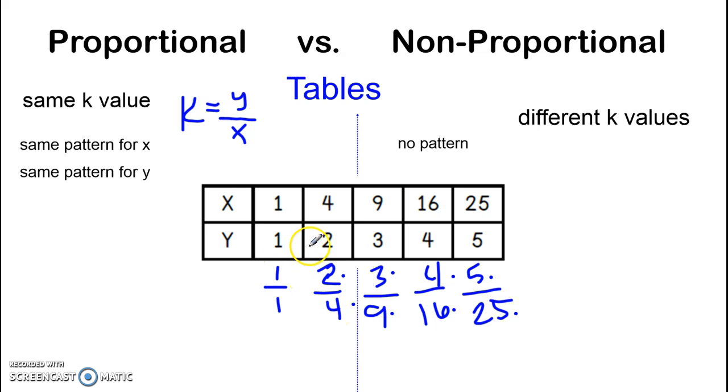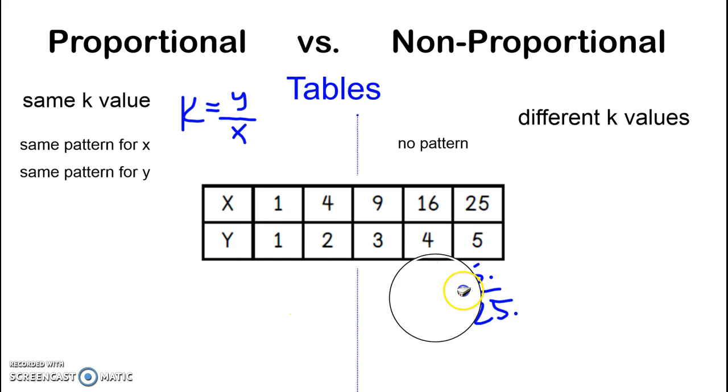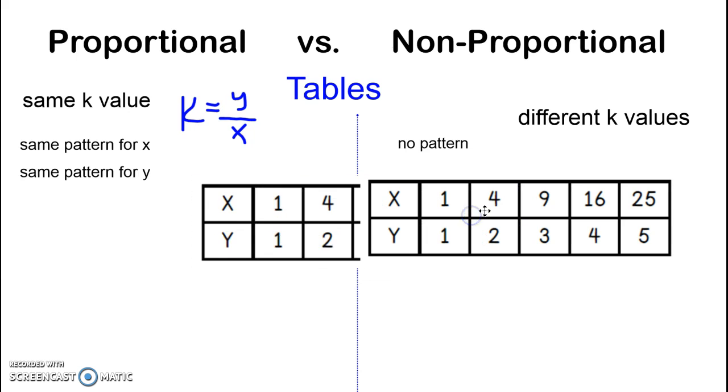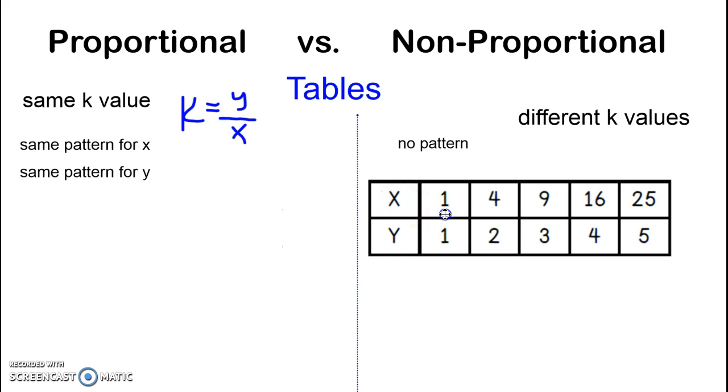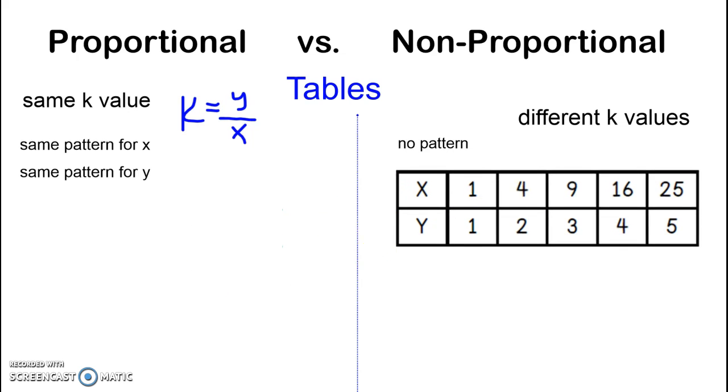So since these have different K values, this is going to be a non-proportional table. So we're going to put this one over here on that list.